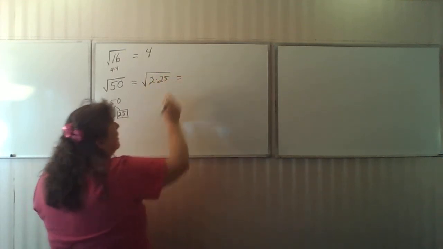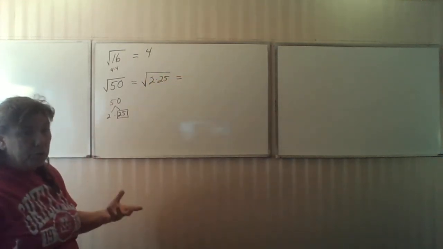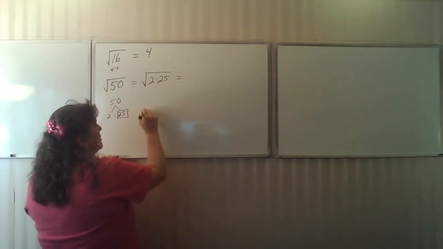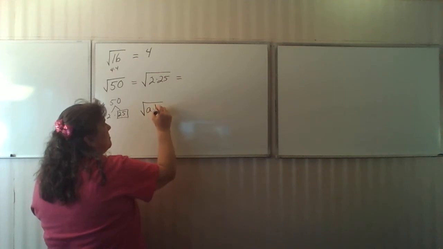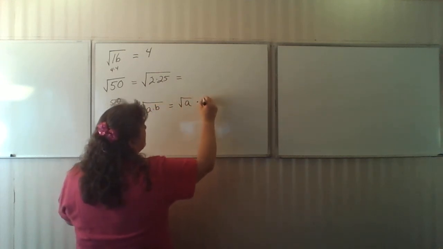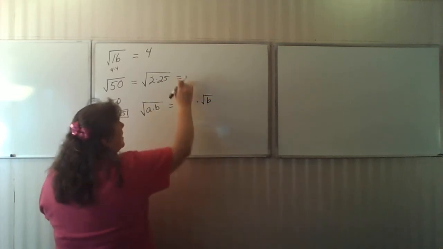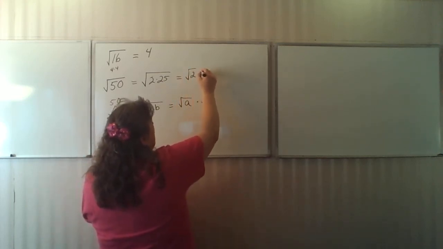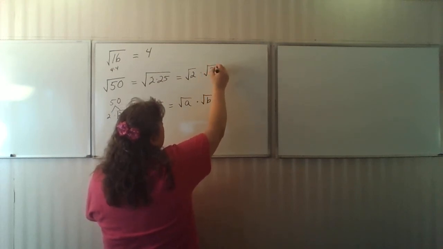And then, because we have a rule in math that says I can have the square root of a times b is equal to the square root of a times the square root of b, we can simplify this as the square root of 2 times the square root of 25.